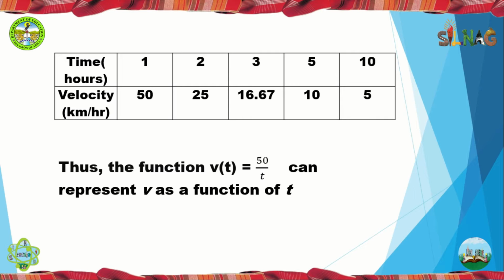If the time is 3 hours, the velocity is 16.67 kilometers per hour. If the time is 5 hours, the velocity is 10 kilometers per hour. If the time is 10 hours, the velocity is 5 kilometers per hour. Thus, the function v of t is equal to 50 over t can represent v as a function of t.